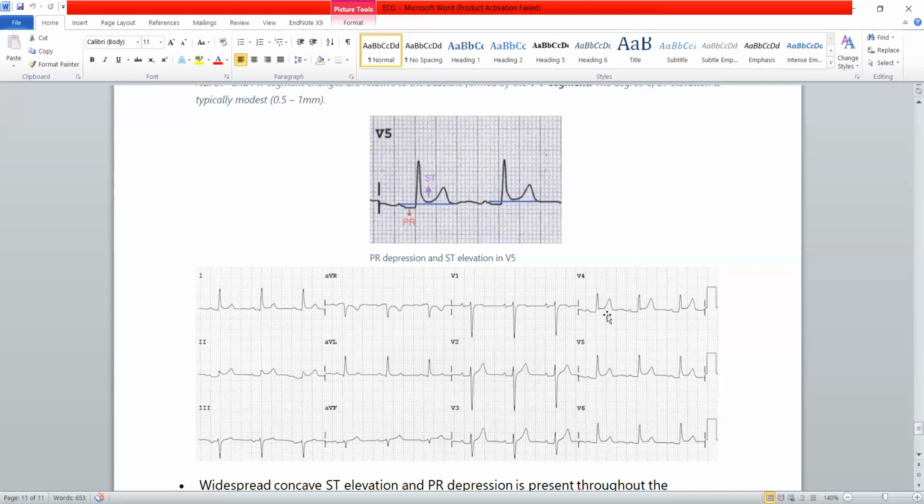And the ST segments are elevated with upward concavity. V5 is also concave, and V4 is somewhat concave, not that much. And there is PR depression as well.